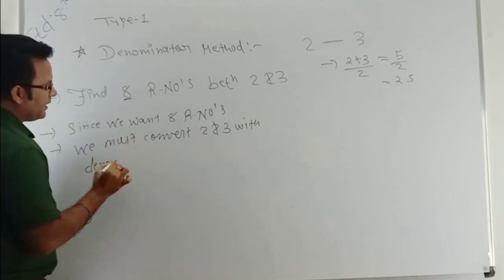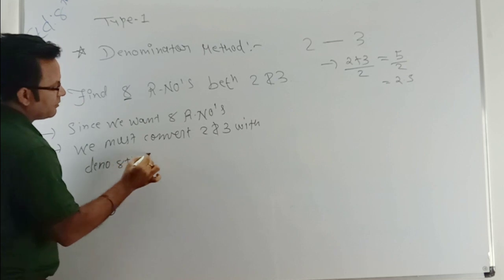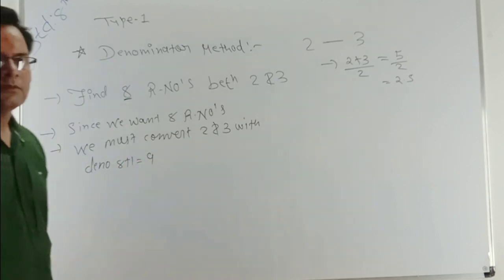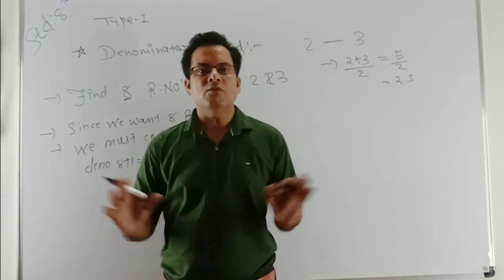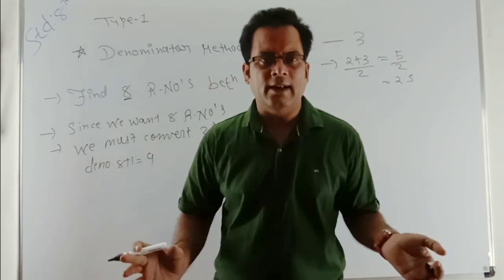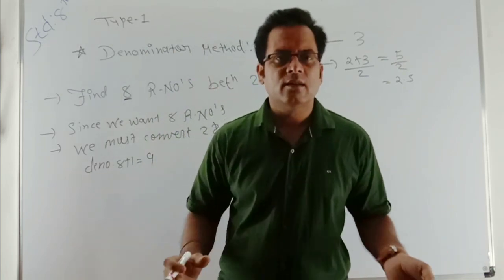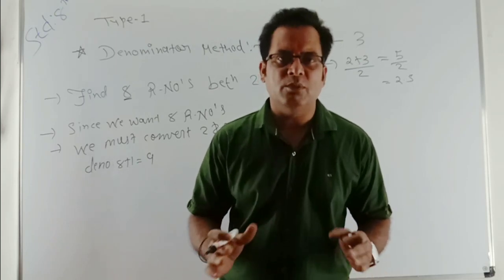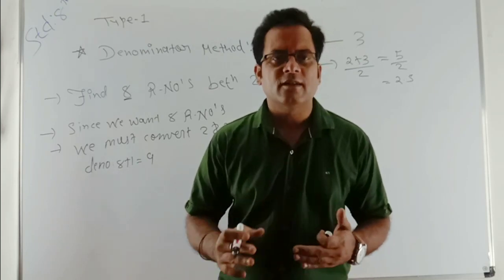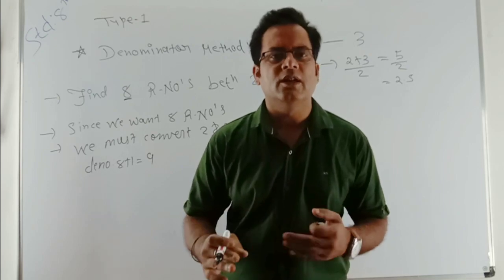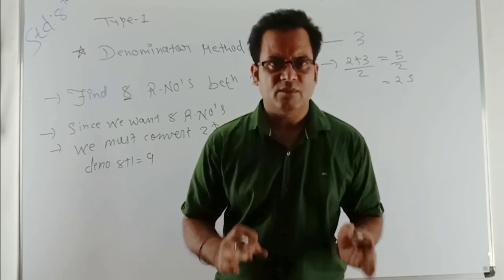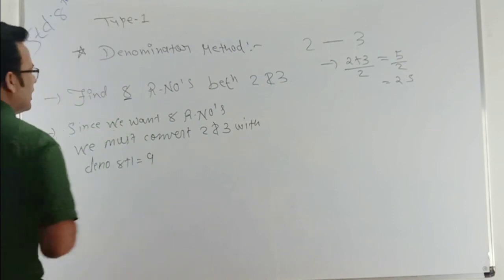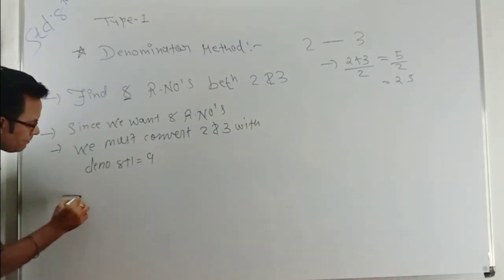How many numbers will you find? 8. So 8 plus 1 is equal to 9. So here you have to convert your numerators 2 and 3 with 8 plus 1, 9. Suppose you have to find 7 rational numbers, then 7 plus 1, 8. You have to find 3, then 3 plus 1, 4. You have to find 2, then 2 plus 1, 3. Like that.